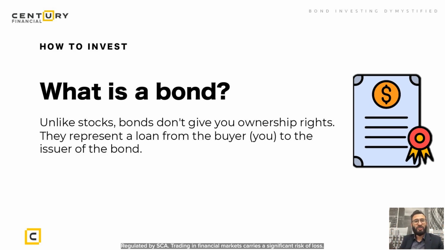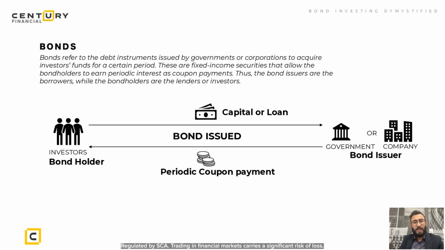Once again, just to explain, there are a few parties to the bonds. There is a bond issuer, and there is a bond holder. You, as an investor, are a bond holder, and you are going to lend money to a company, an organization, or a government.